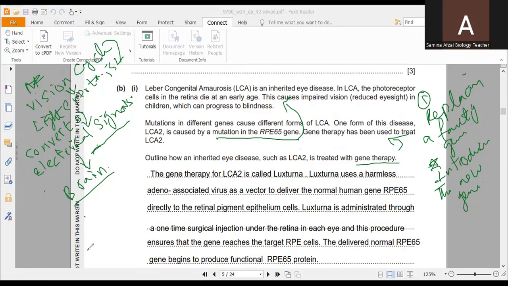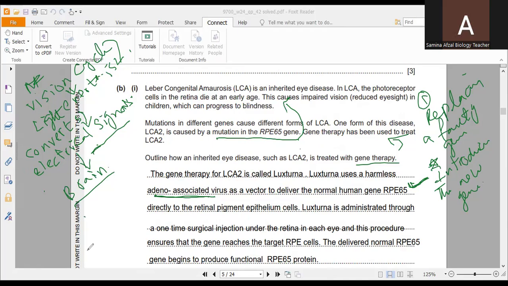In Luxturna, a harmless adeno-associated virus is used as a vector to deliver the normal human gene RPE65 to the retinal pigment epithelium cells, RPE.